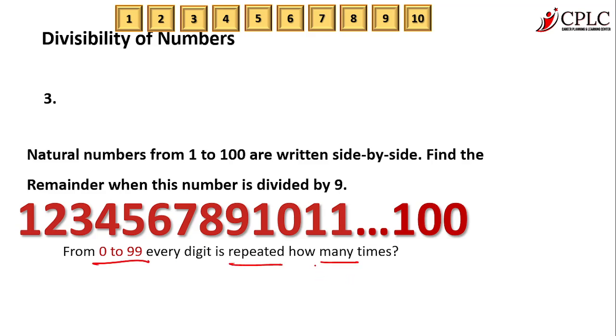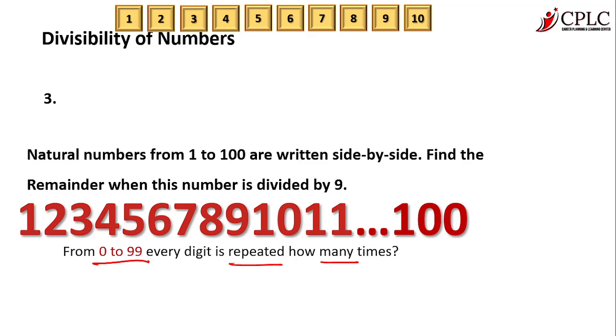You can do this exercise. Again, I would request you to pause this video right now and do this on your own. Try to find out from 0 to 99 how many times every digit is repeated. For example, 1 comes how many times, 2 comes how many times, 3 comes how many times, from 0 to 99.